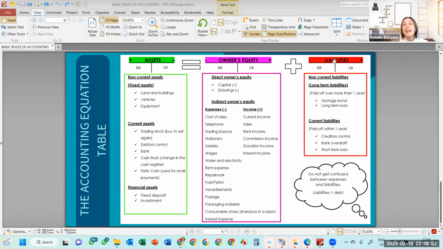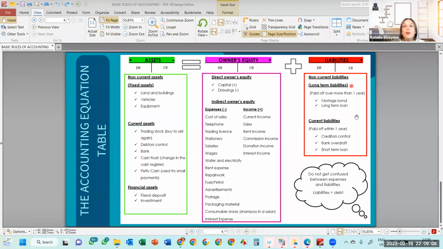Okay, next one, liabilities. Remember we said owner's equity is what the business owes to the owner. Liabilities is what the business owes to outside parties, other than the owner.